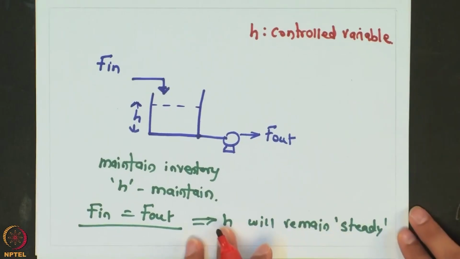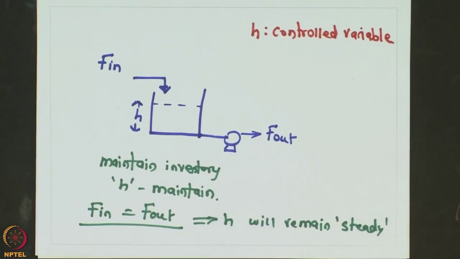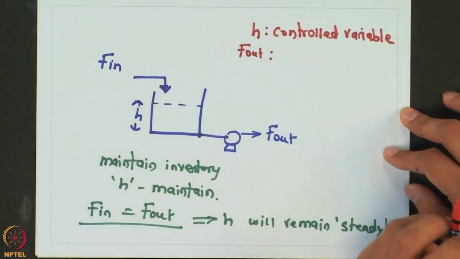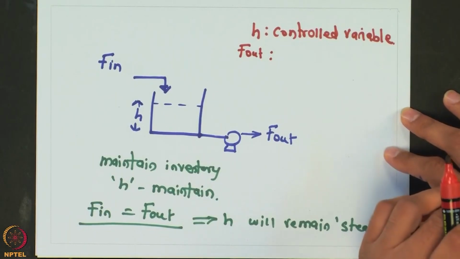So in this case, your height or level inside the tank becomes a controlled variable. Now the variable which is used to control this particular controlled variable is known as a manipulated variable. As I had shown earlier, the outlet flow rate was used to ensure that level remains at its desired value.